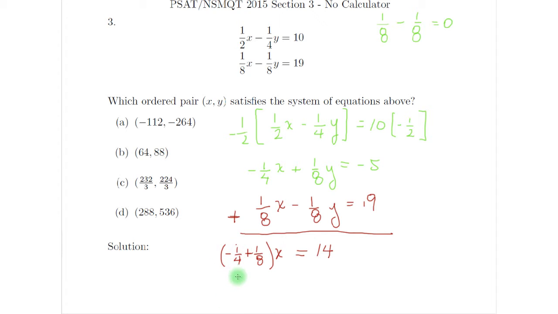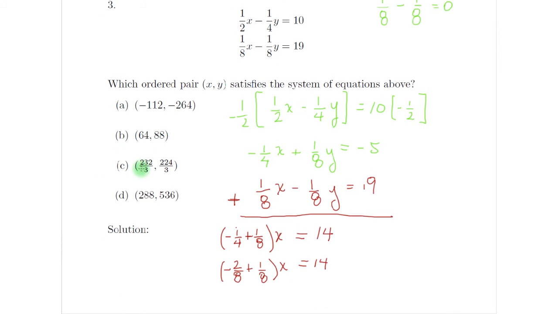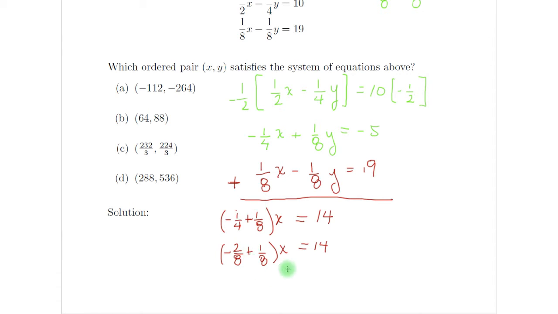So 2 over 2 times negative 1/4 gives me negative 2 over 8, plus 1/8 x, and that is equal again to 14. Now what is negative 2 over 8 plus 1/8? It's negative 1 over 8 x, and that's equal to 14.